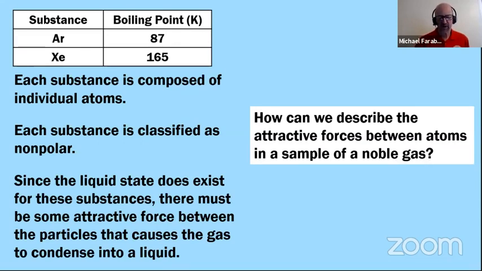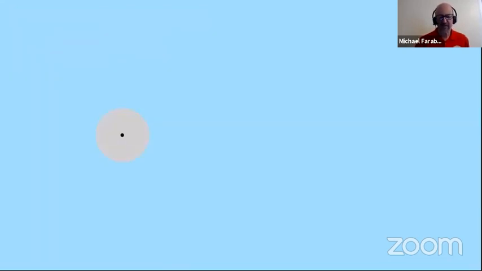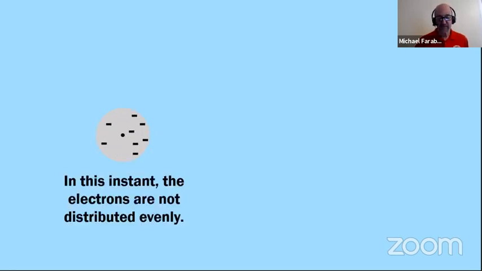Well, let's start with a particle diagram. Here I have an atom with a nucleus and an electron cloud. The electrons are indicated by these little negative charges. As the electrons are moving around, they are in this electron cloud. At some point, if I could take a snapshot of these electrons for just an instant, the electrons might not be distributed evenly.